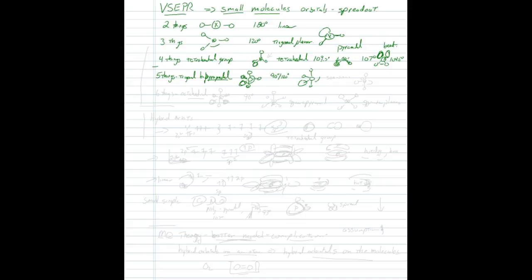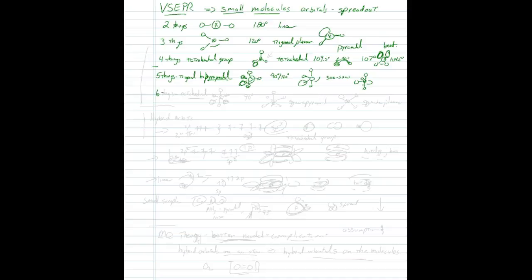This actually is called seesaw, because if you turn it sideways 90 degrees, it looks like a teeter-totter. And it's one that I really like. You can also come up with a T-shaped model where you have two equatorial lone pairs. Here the bond angle would be 90 degrees for both sides.